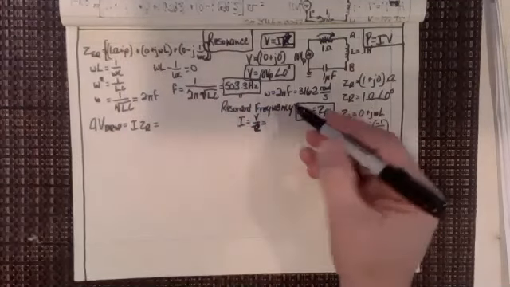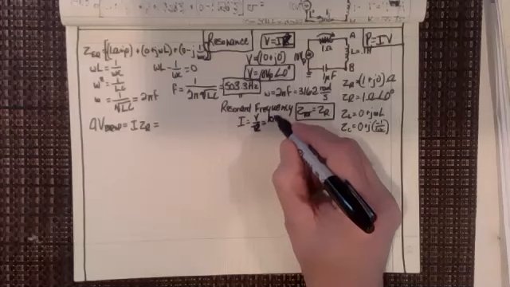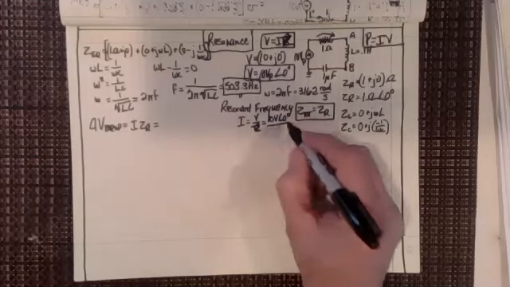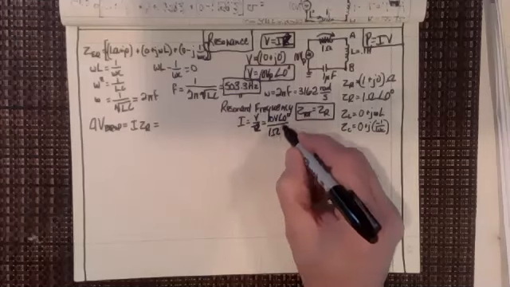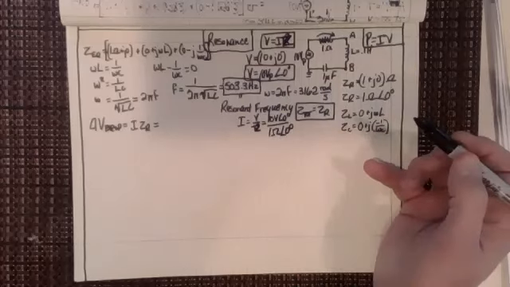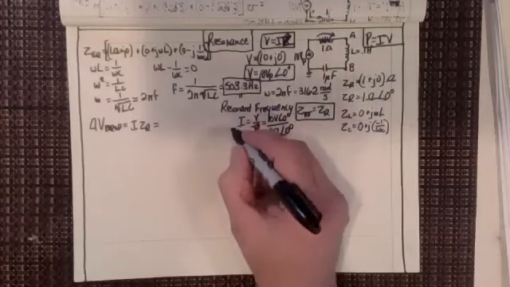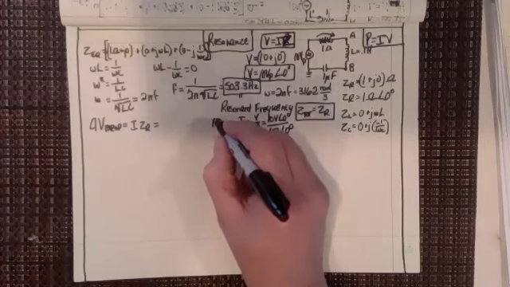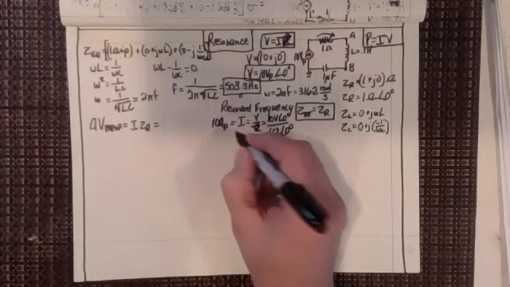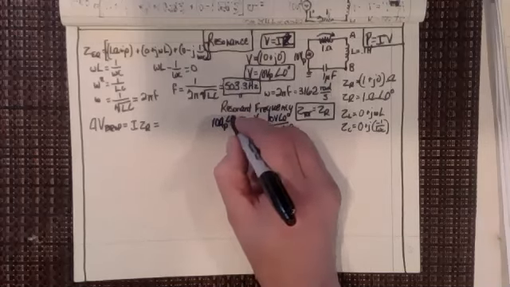Because it's only resistance, I can say that it's 10 volts at an angle of 0 degrees divided by 1 ohm at an angle of 0 degrees. Right? So the current equals 10 amps. Now those, of course, are peak amps at an angle of 0 degrees.